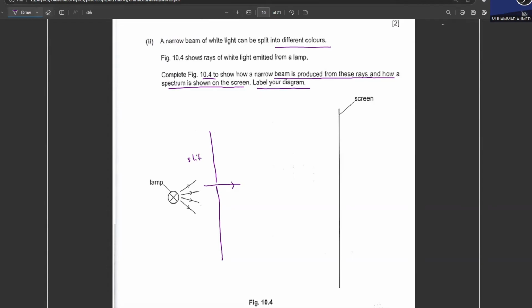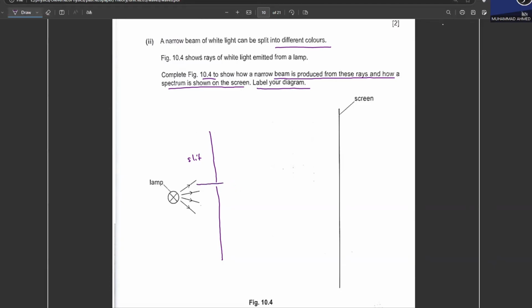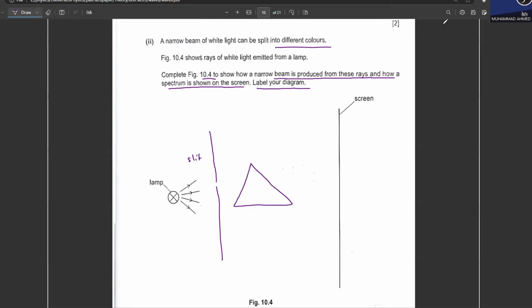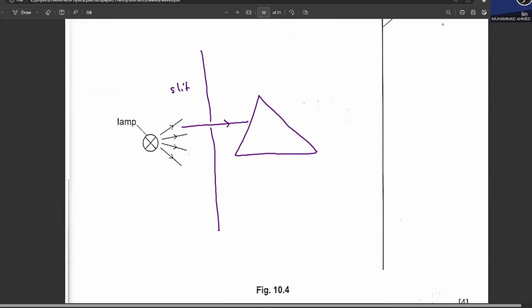Now, this narrow beam of light hits the prism like this. I can make the beam of light much better. As soon as it hits the prism, what is happening?